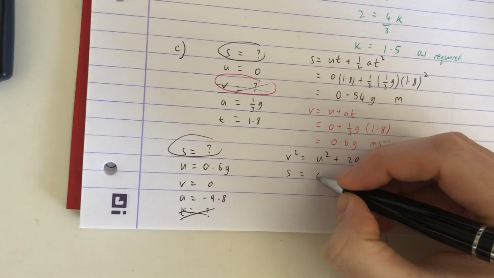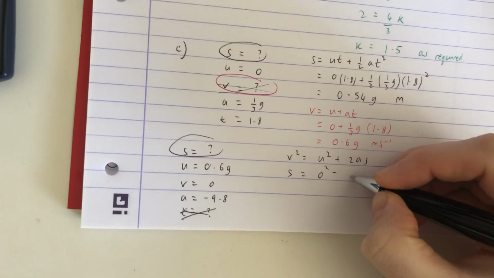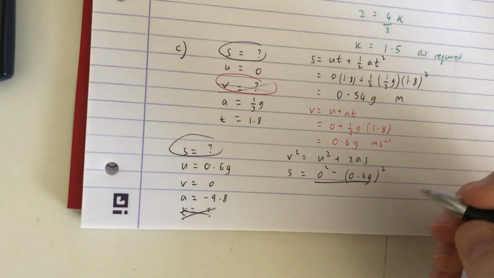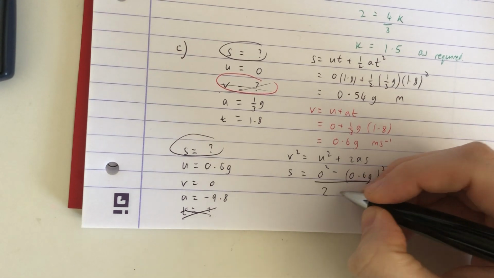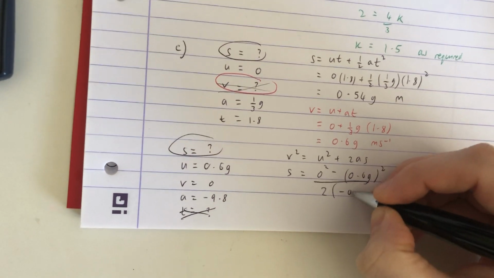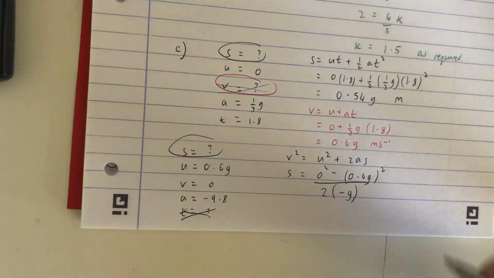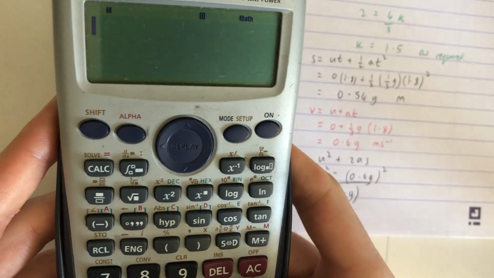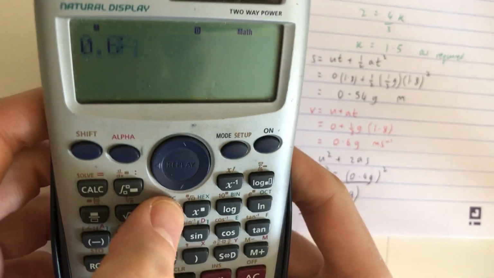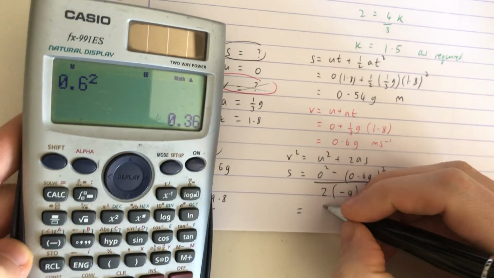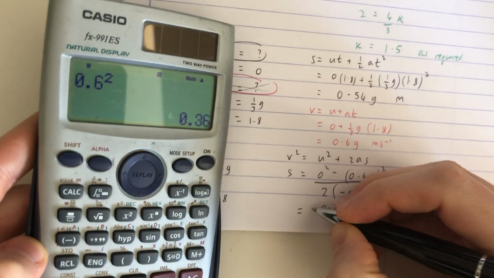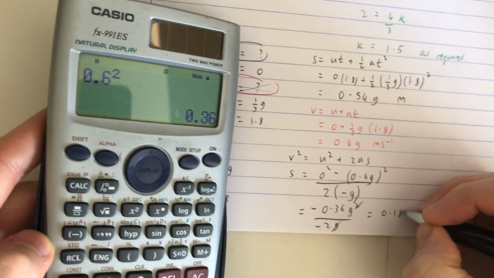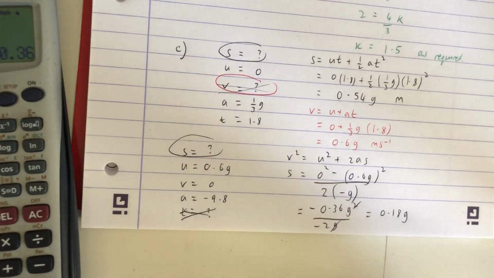S is equal to 0 squared, subtract 0.6g squared, over 2 times minus g, and this is equal to 0.6 squared is 0.36 g squared on the top, over 2g, which simplifies to 0.18 g. So that's the extra distance it moves.